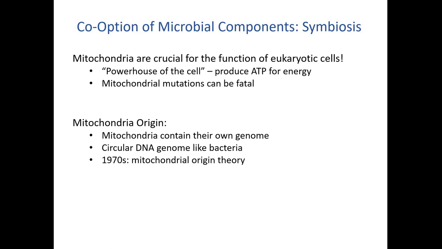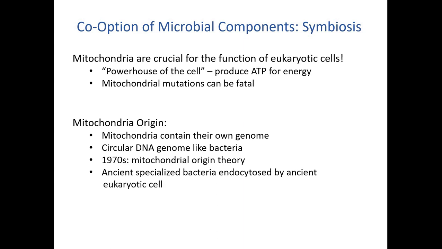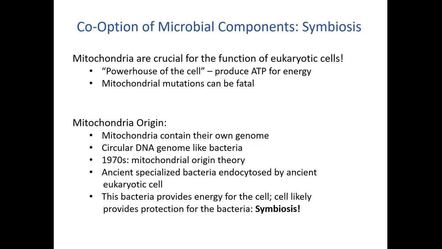with a mitochondrial origin theory in which they think that ancient specialized bacteria were actually endocytosed, or taken up, by an ancient eukaryotic cell. And then because this bacteria provided energy for the cells, the cells likely in turn provided protection for the bacteria. And so this creates a symbiotic relationship.